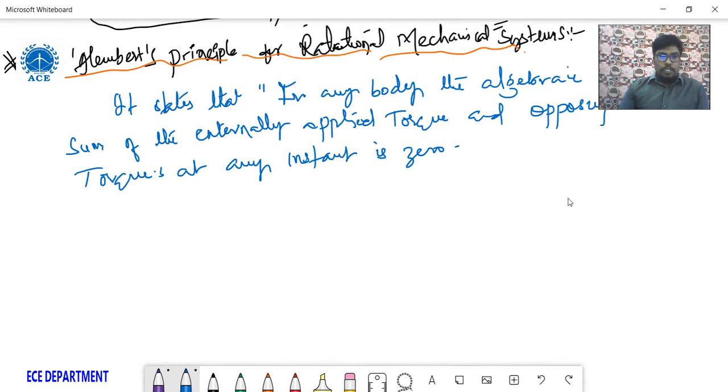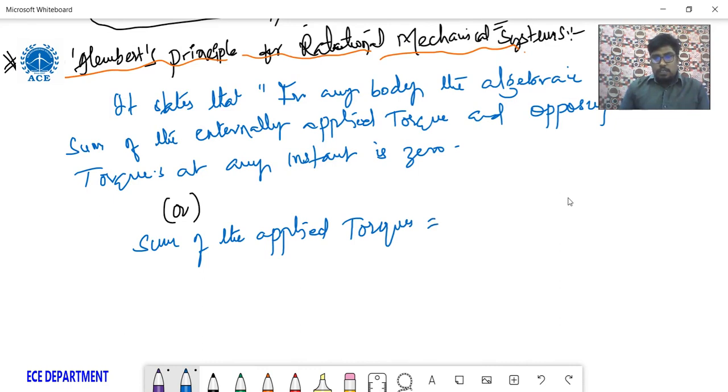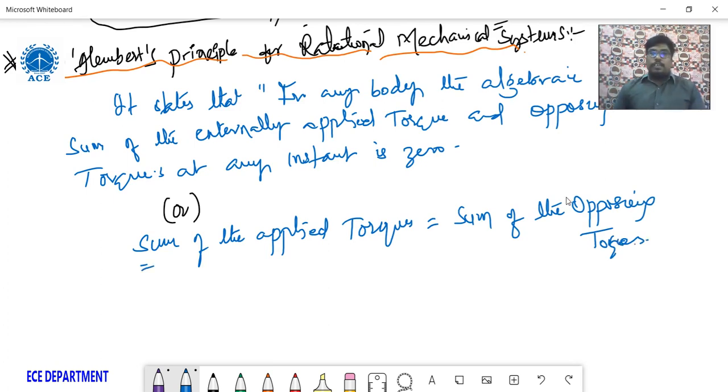Already we know this one because we discussed it in translational mechanical systems. Or I can say, in a simple manner, the sum of the applied torques is equal to the sum of the opposing torques. So this is D'Alembert principle for rotational mechanical systems.